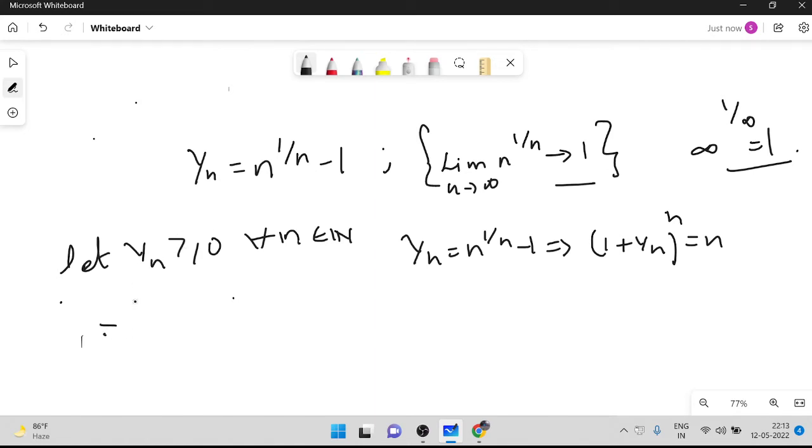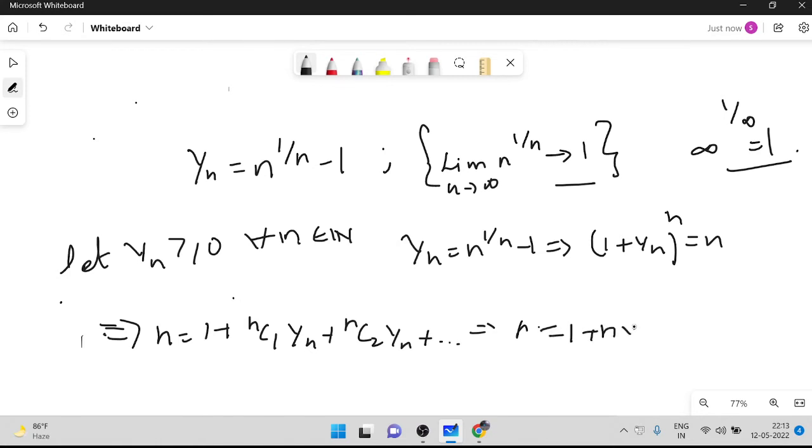This implies n is equal to 1 plus nC1 times yn plus nC2 times yn square plus so on. This implies n is equal to 1 plus n times yn plus n into n minus 1 by 2 times yn square plus some positive number.